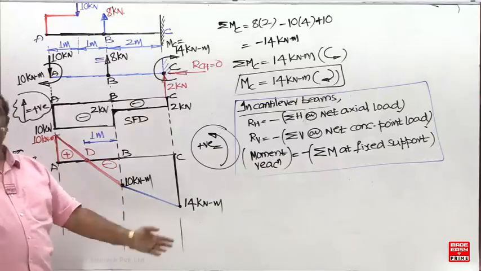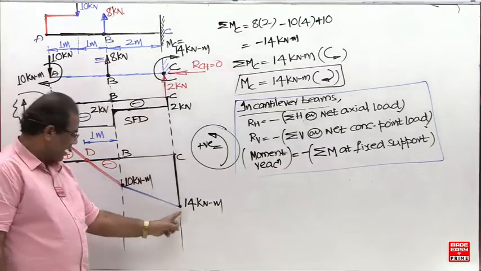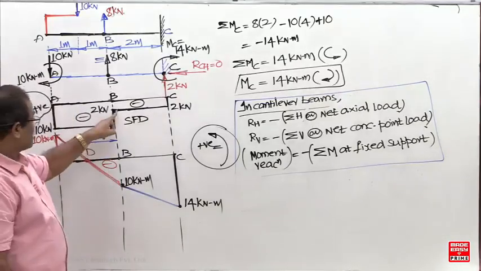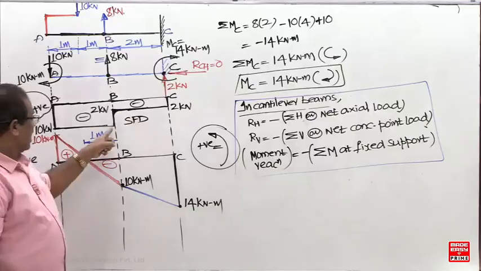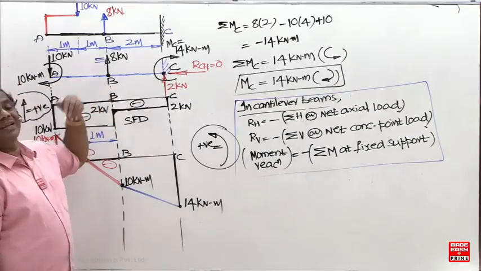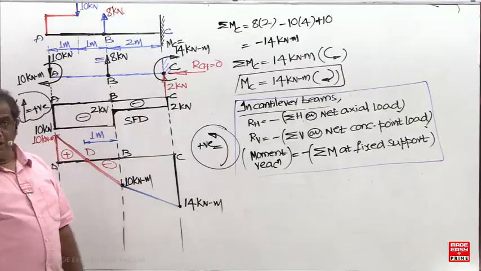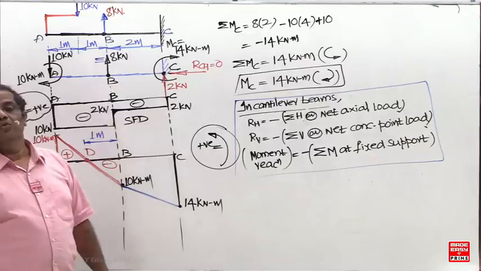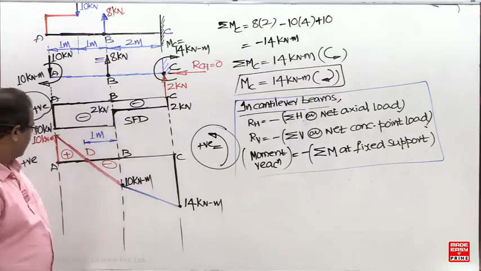So what should the slope of the BMD do? It should change. If somebody puts it like this directly, they'll get a single straight line. So many times I mentioned, whenever shear force magnitude changes, slope of the BMD should change. At B, shear force magnitude is decreasing. When shear force magnitude decreases, slope of the BMD should decrease. The slope of this line should be equal to how much now? 2. And slope of this line equal to 10.